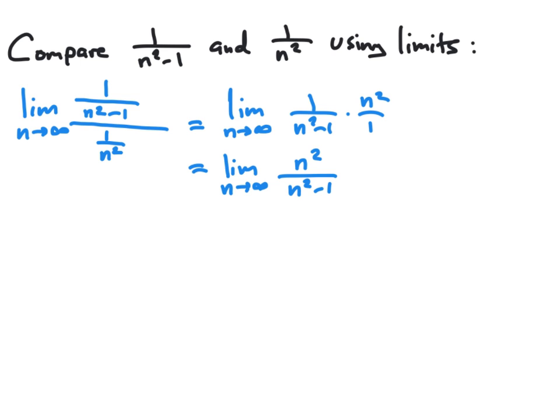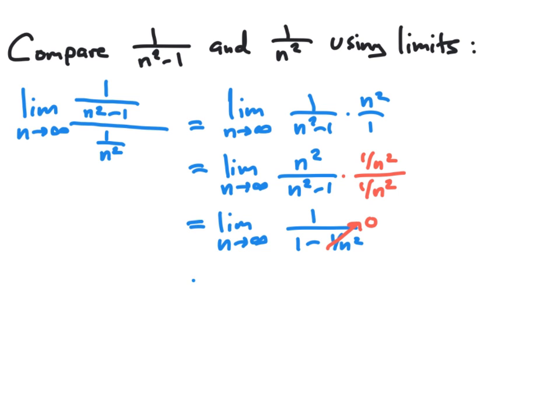And we know that in order to compute limits like this, one approach is to multiply and divide by 1 over the largest power of n in the denominator, which would be 1 over n squared here. And so we get the limit as n goes to infinity of 1 over 1 minus 1 over n squared. The 1 over n squared term goes to 0, and so we get a limiting value of 1 here.